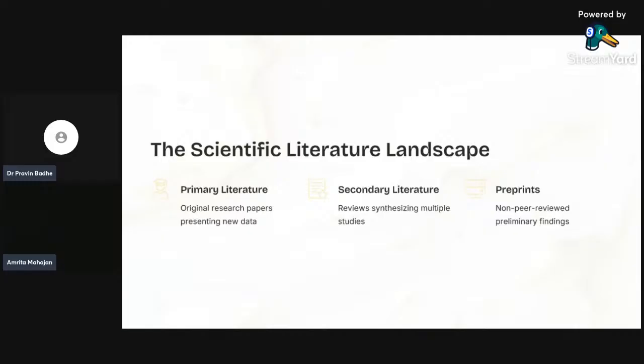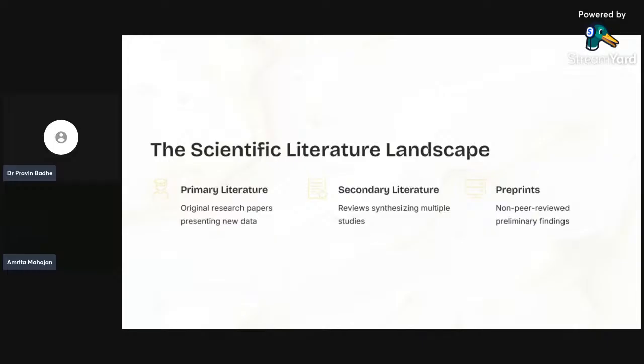Primary literature is the original research, the first publications of any new data, such as new research articles, lab studies, clinical trials, or surveys with new results. Secondary literature includes the analysis part: multiple studies, their interpretation or summary.